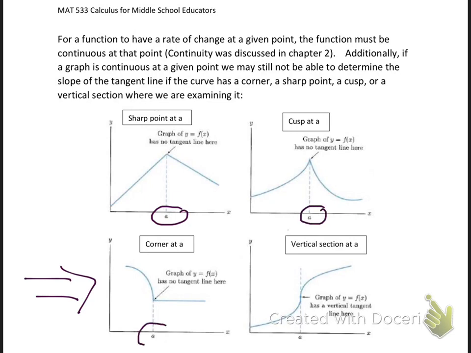Here's the corner discussed in our textbook, and here's the 4th type of issue that prevents you from drawing a tangent line, and that's if you have a vertical section of your graph. Okay, so those are all things that will not allow you to get the slope at that particular point. It's only a problem at a. Outside of a, so to the left and right of a, it's not a problem. But at a, you cannot draw a tangent line.